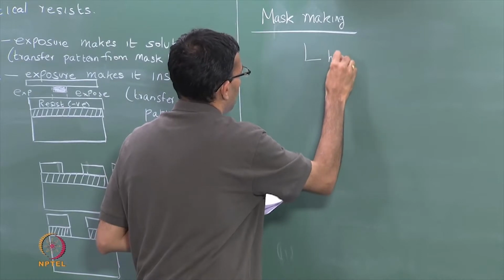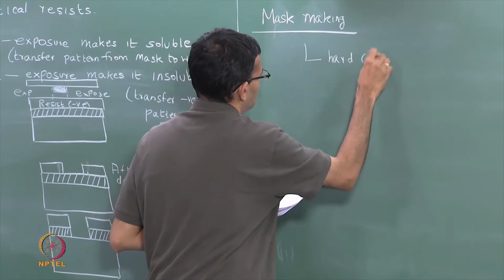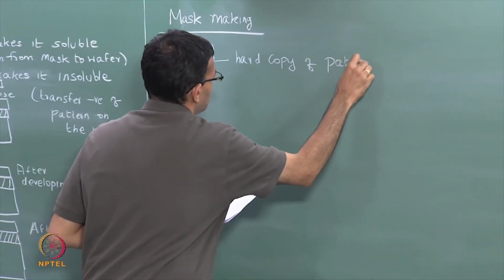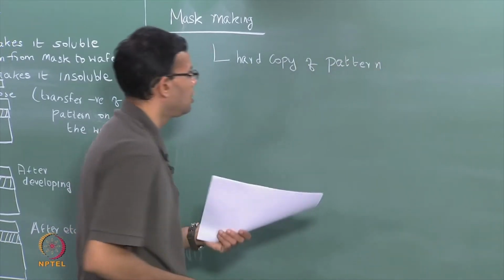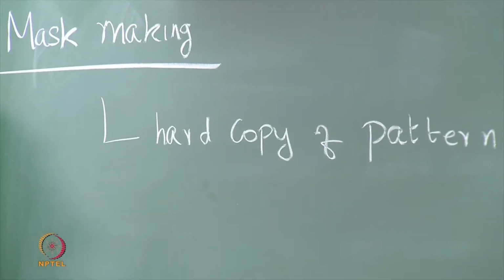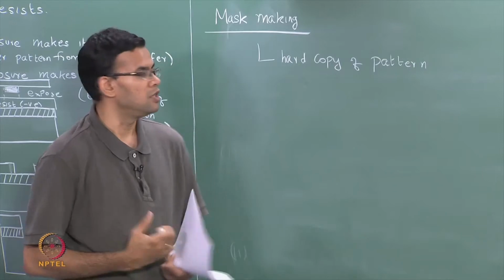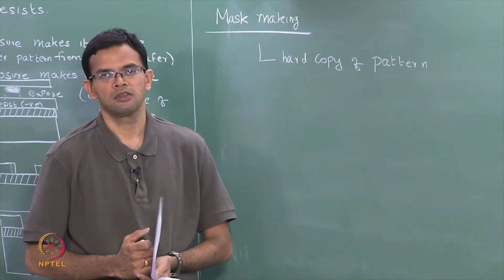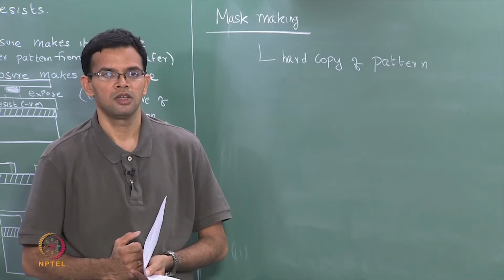So mask is the hard copy of the pattern. This pattern is usually made and decided by the circuit engineers. These are then converted to either one mask or a series of masks with the required dimensions.